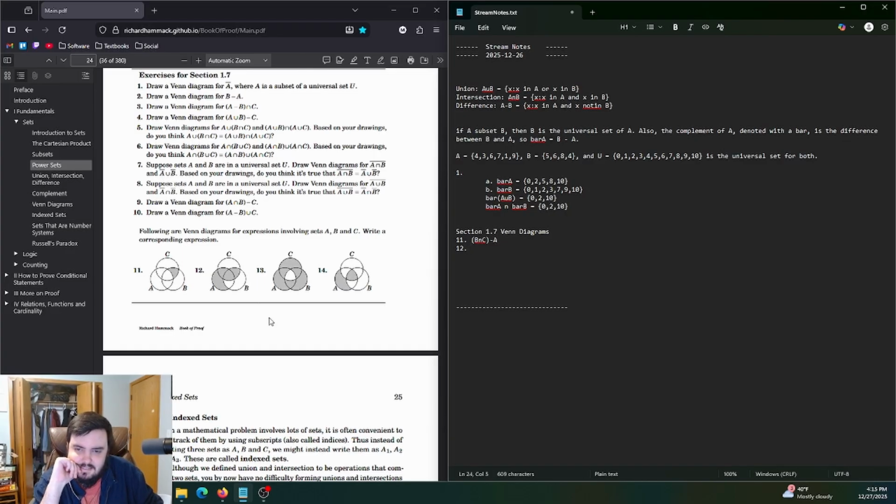Because this spot in the bottom, how do you even describe that spot? That would be A subtract B union, oh, that's such a weird spot. Okay, how?